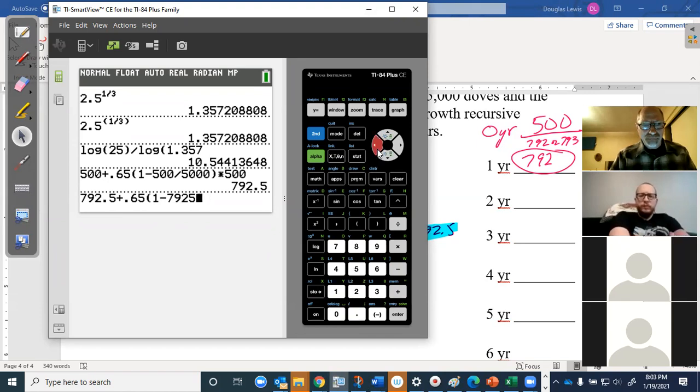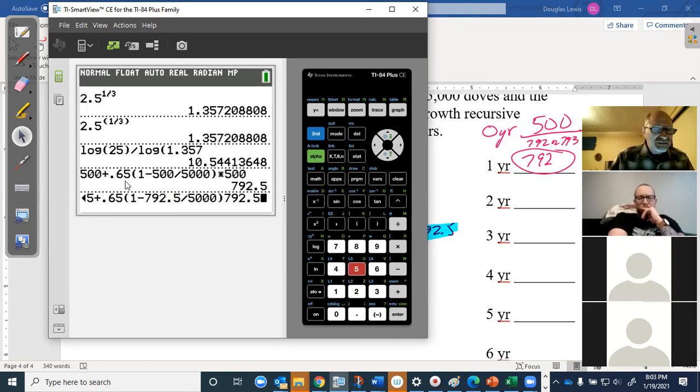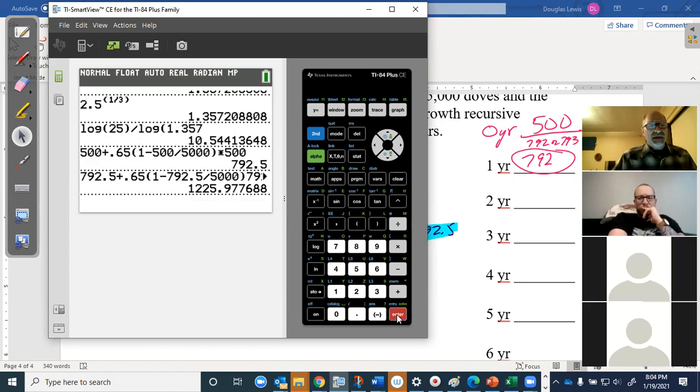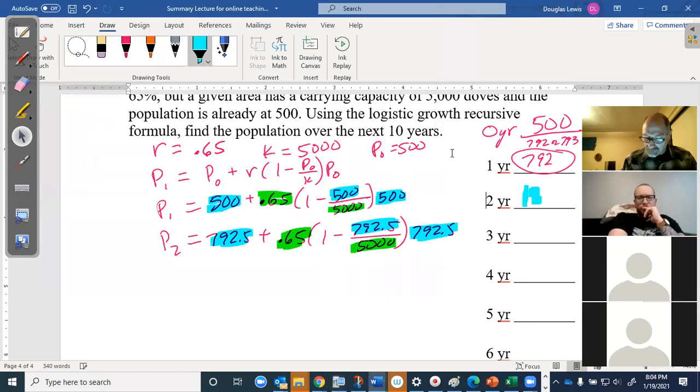Oops, this should be 792.5 divided by 5,000, and then times 792.5. I don't really need a times sign when it's next to a parenthesis. Notice that the 0.65 is the same and the 5,000 is the same, and all those other values, the 500, all changed to 792. So we hit enter here, and now we get about 1226. So I'm going to write 1226 now.